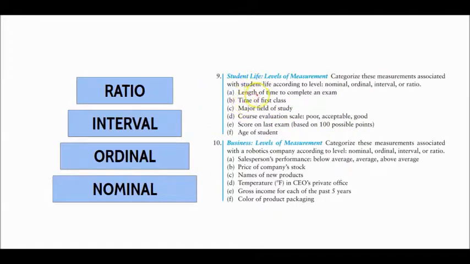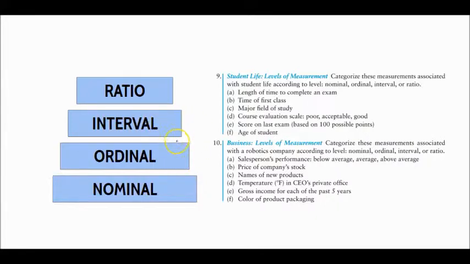So starting out with A, if I give you the length of time to complete an exam. All right, now it's not going to really be nominal per se. I guess I can place them into categories like short and long, right? Depends on how you assess it. I can also order who gets done first.